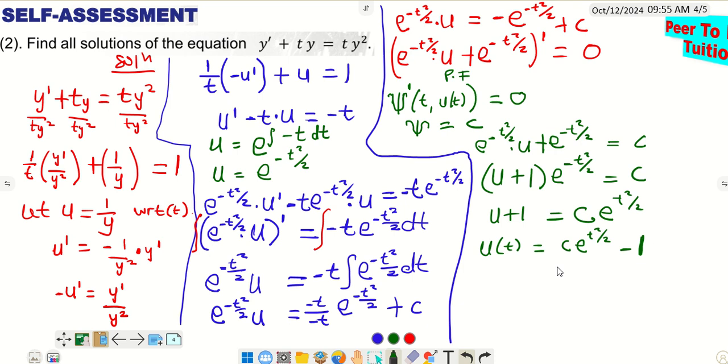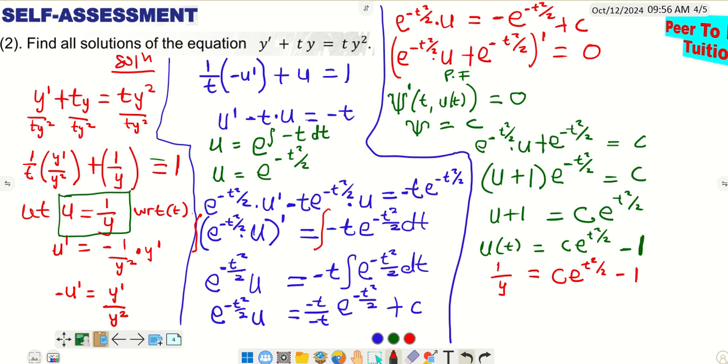So this is the answer, but we are not done. Remember, from here we introduced that u is equal to 1 over y, so we have to substitute that back. So it means that our u can be written as 1 over y. Then it should be equal to c e^(t²/2) minus 1.